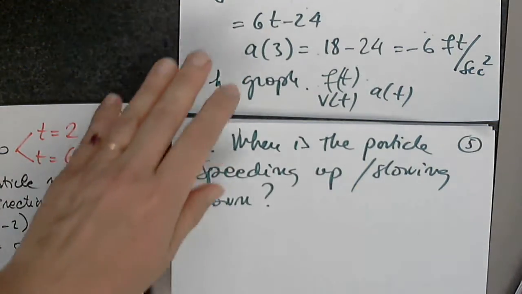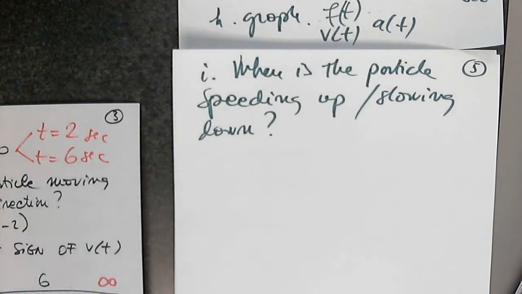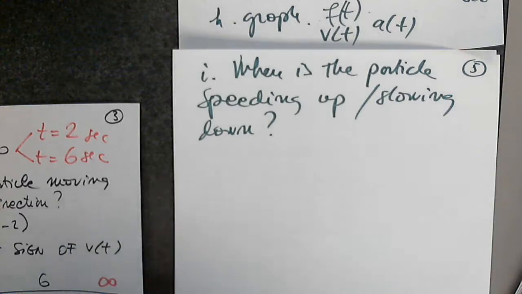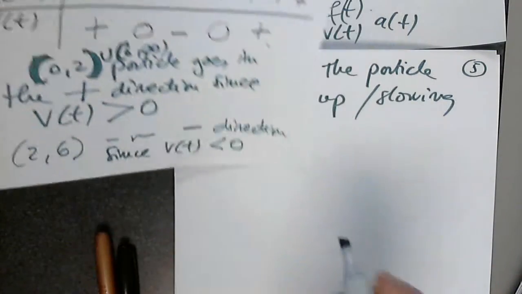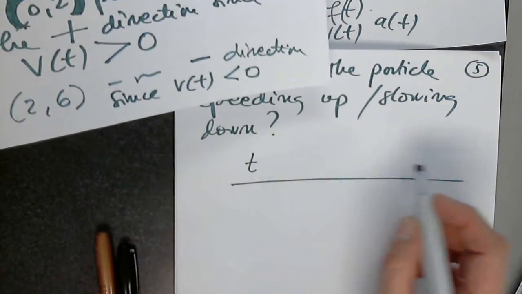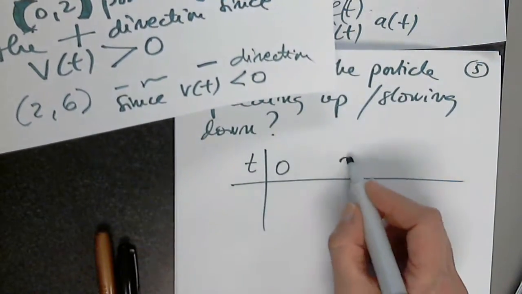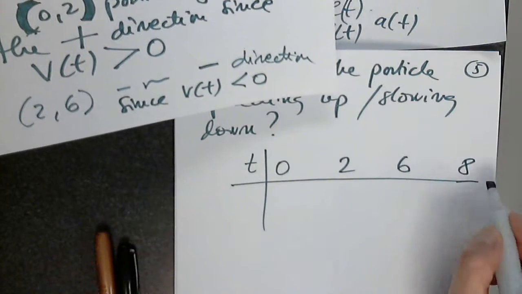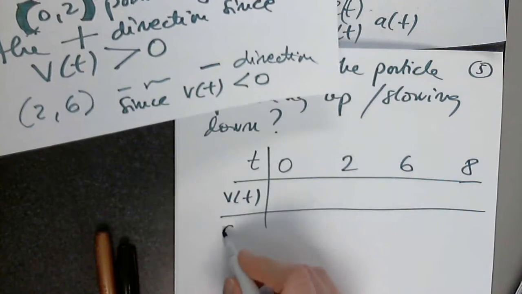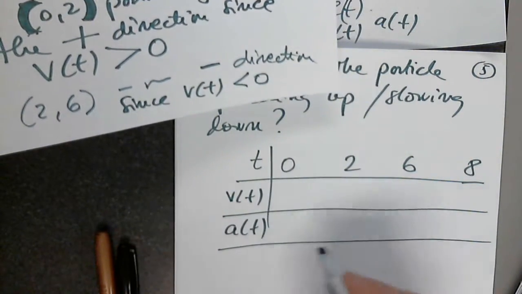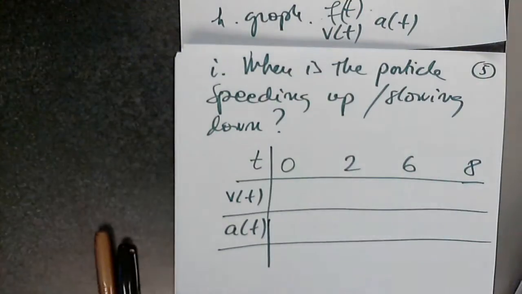Okay? So let's look at the following chart. I'm copying from the previous part, but not the whole thing. So I have t, 0, 2, 6, 8. I have v of t, and I have a of t, and I will make a decision.